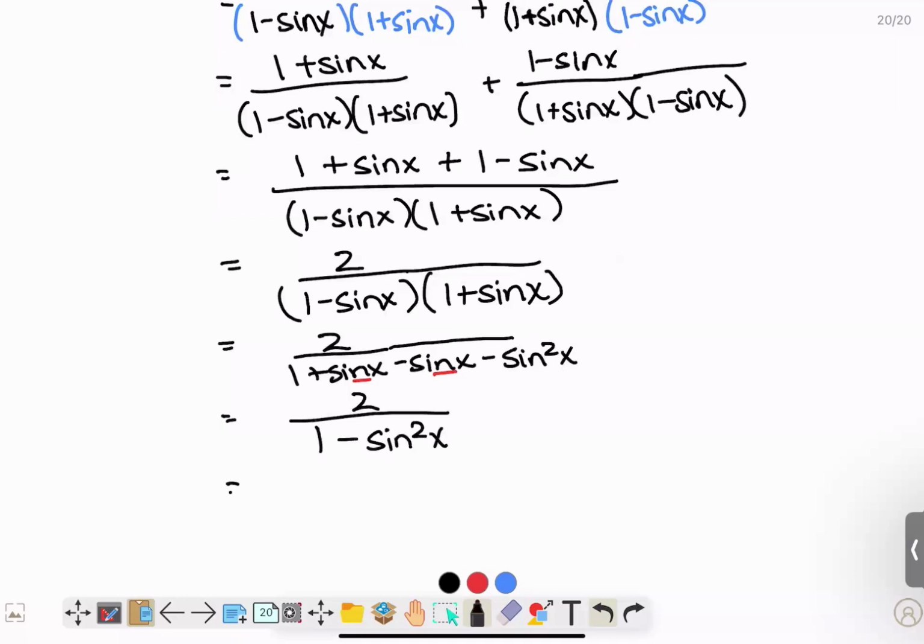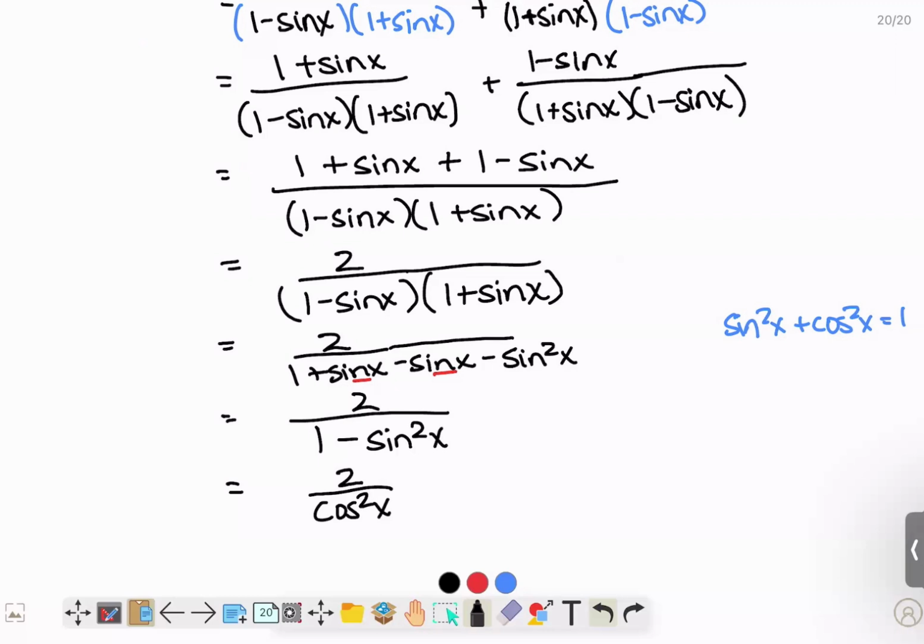Hopefully that was familiar. That's going to be related to this Pythagorean identity. If we subtract the sine squared x on both sides, then we get 1 minus sine squared x equals cosine squared. So this is 2 over cosine squared x.